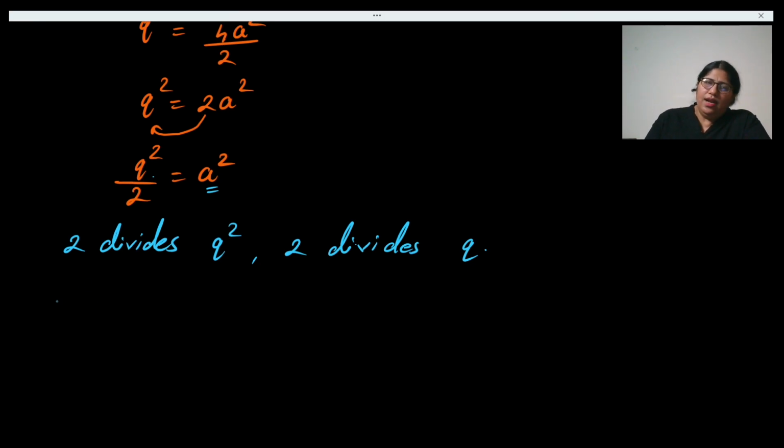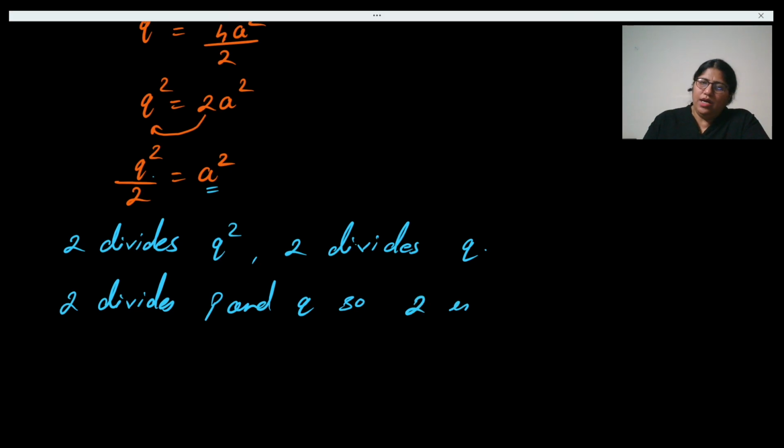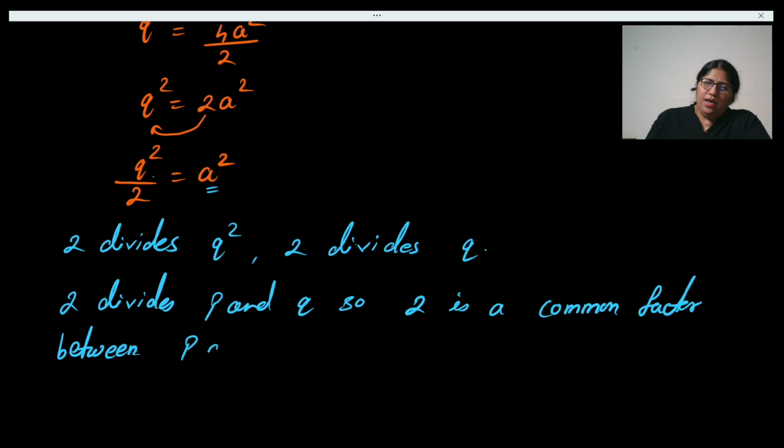So you can write down 2 divides p and q. So 2 is a common factor between p and q other than 1.